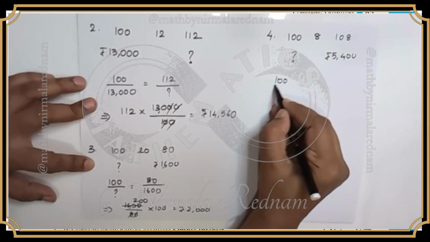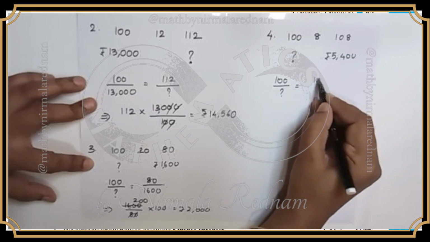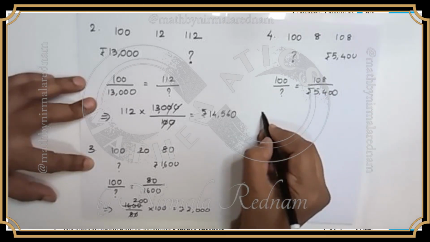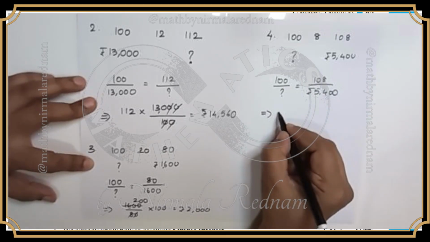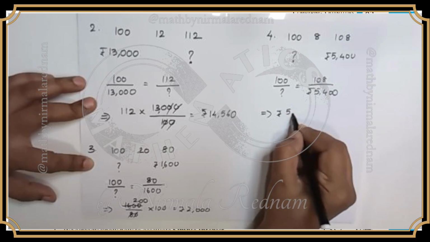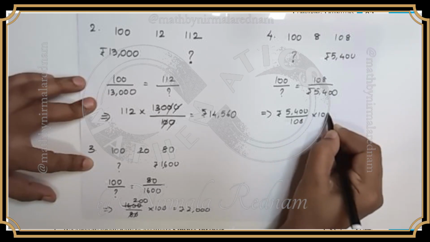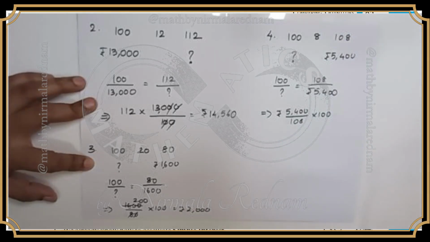So 100 by that is nothing but 108 by 5400. If I cross multiply, I'm going to get 5400 into 100 by 108, right?